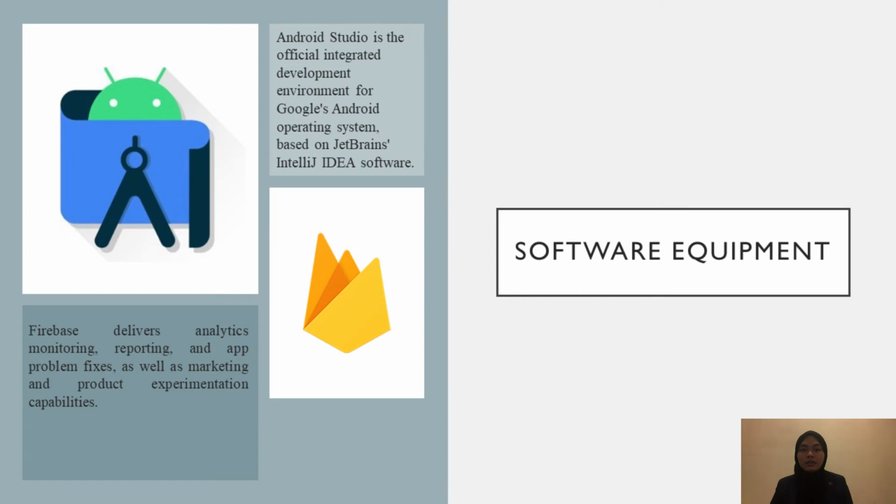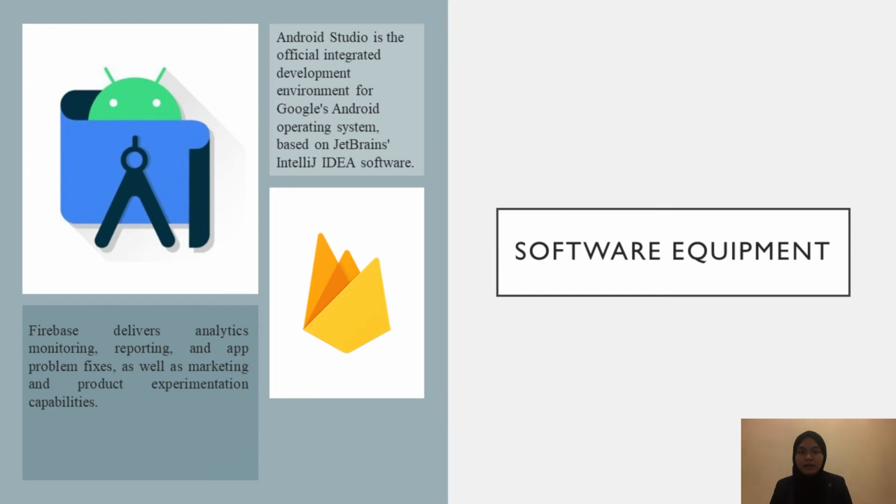The equipment needed for this project is two software, which are Android Studio and Firebase. Android Studio is the official integrated development environment for Google's Android operating system. It includes a graphical user interface (GUI), and it is commonly used for its drag and drop features.